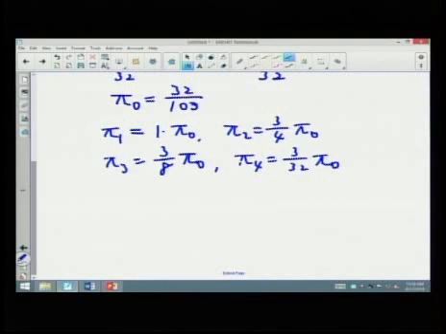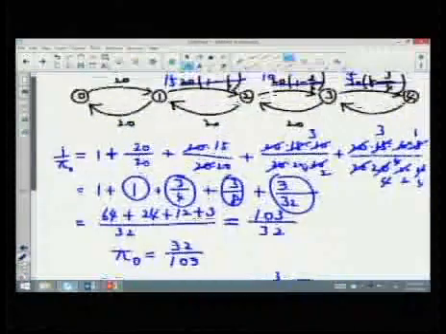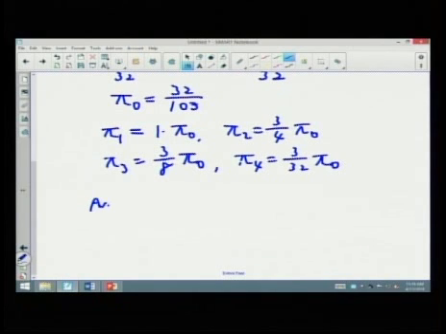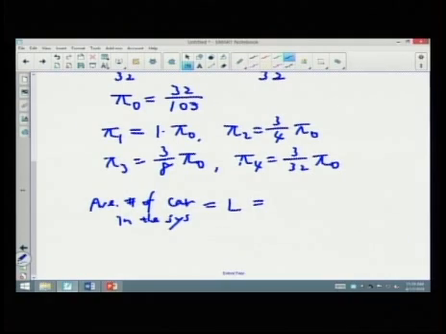Okay, now what is the average number of vehicles in the gasoline station? Average number of cars in the gasoline station and the entire system. You remember that is represented by capital R, right?